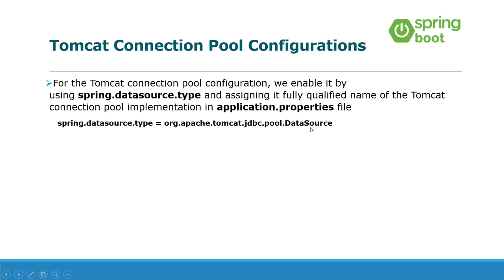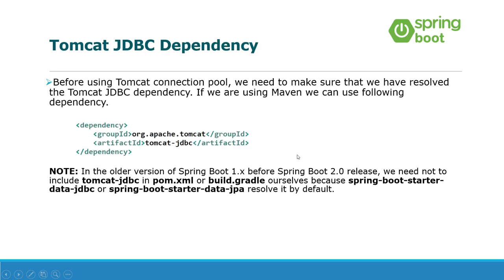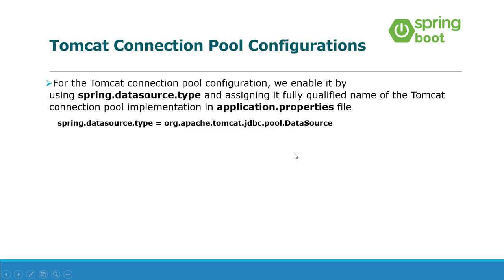So this is the fully qualified name of a class that you have to assign to the spring.datasource.type property in your application.properties. This will give the hint to the Spring Boot application that your intention is to use Tomcat connection pool, right? So the first step is to add this dependency, and the second step is to add this data source fully qualified name to this property in your application.properties.